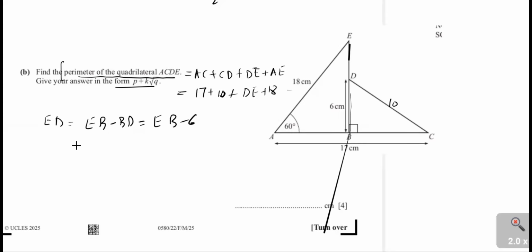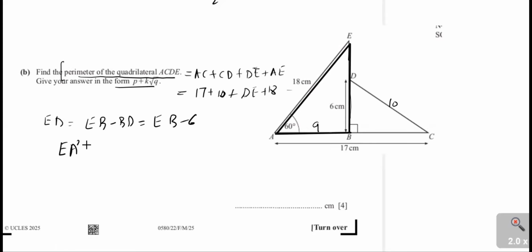If we calculate the length EB, we can calculate the length ED. Here for the length EB, we consider the right angle triangle ABE, and this length AB is 9. We can calculate length EB by using Pythagoras theorem.